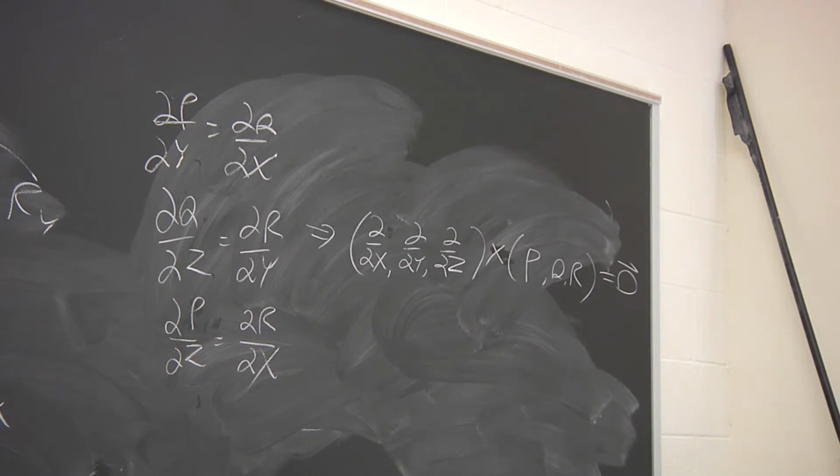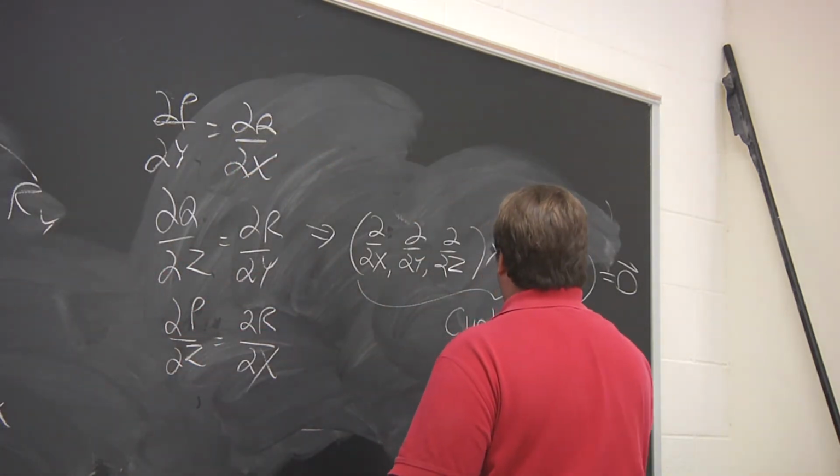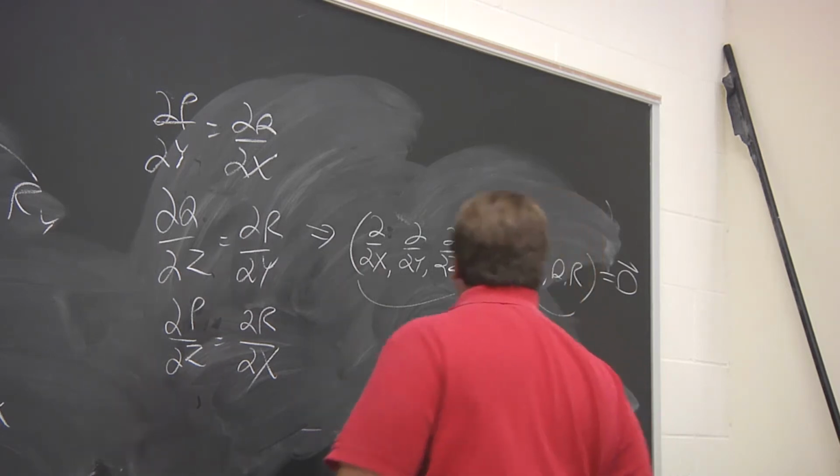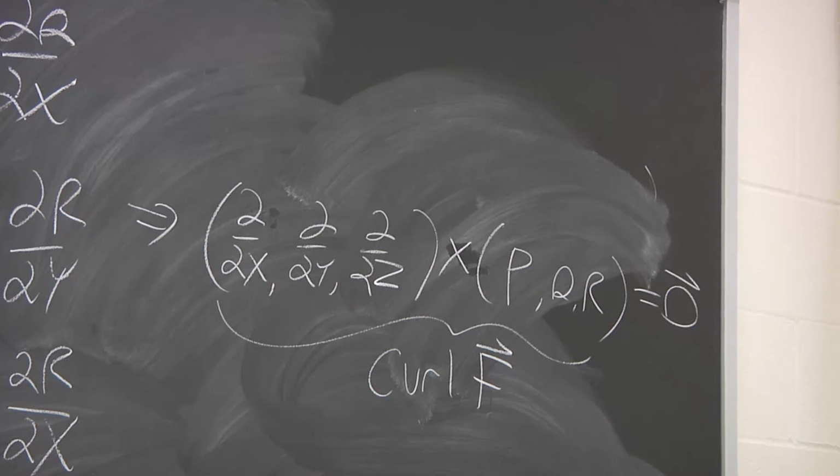This is called the curl of a vector field F, which we're going to study in the next section. All right, so just a little preview there.